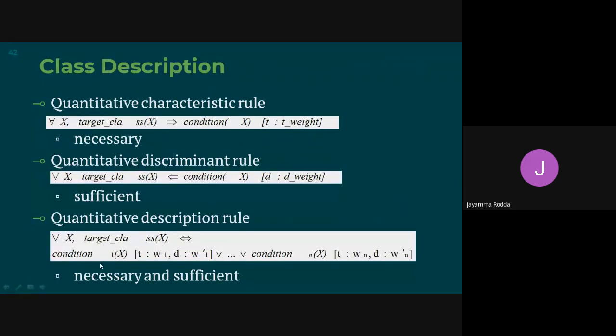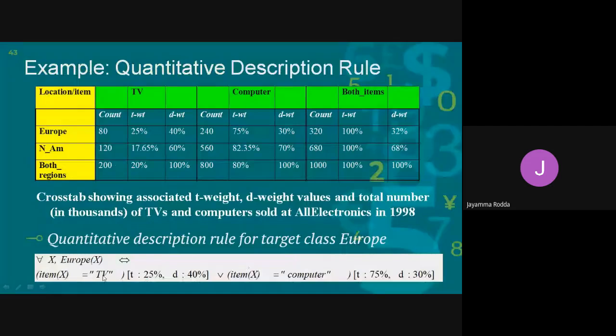For the quantitative description rule, we can have multiple conditions and their T weight and D weight. So condition 1 up to condition n. Multiple conditions are there. Likewise, our target class is Europe. And for Europe, this is the sales information on two particular items, TV and computer.